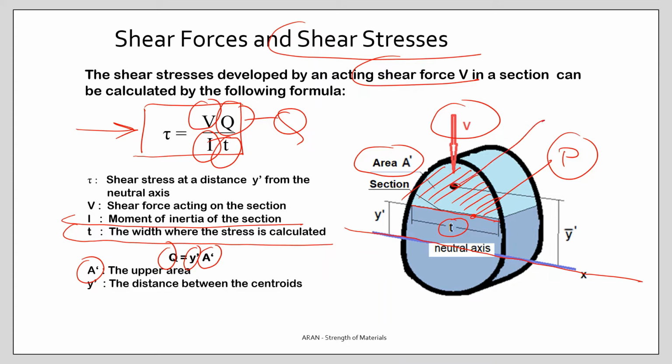Then you have to find C prime, which is the centroid of this area. And y prime is the distance of this centroid from the neutral axis. So if you know these, you can calculate Q and find the shear stresses.